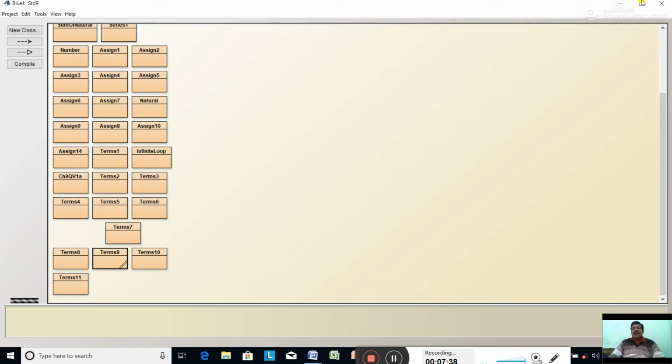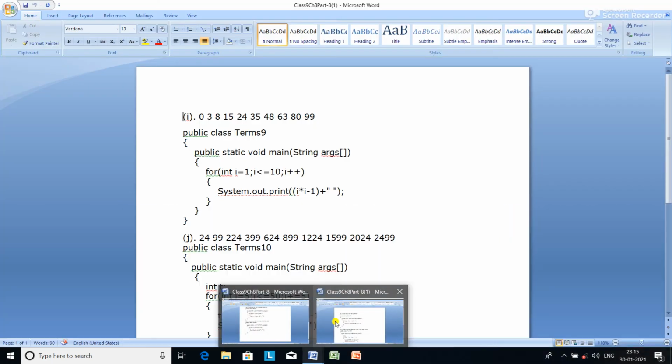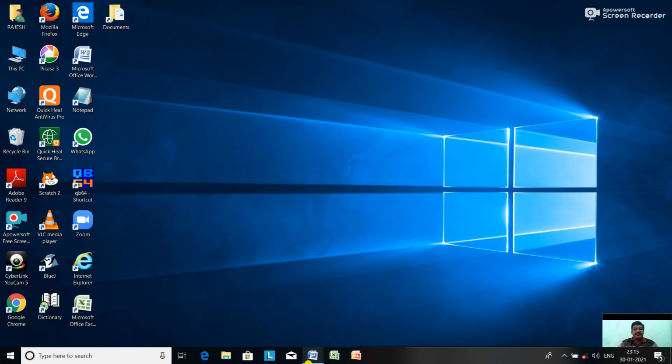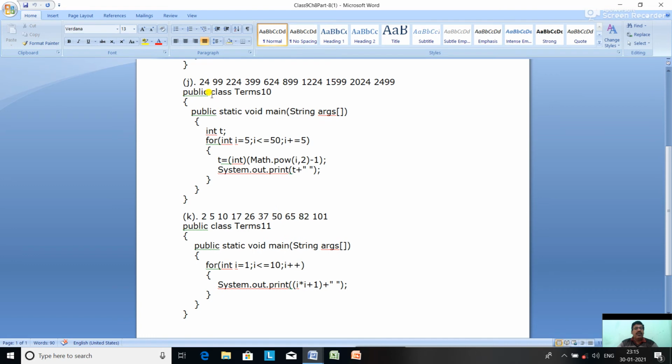Okay. Now let us see the next question. The next programming question is 24, 99, 224, 399, 624, 899. If you have noticed, it is square of 5 minus 1, not multiples.